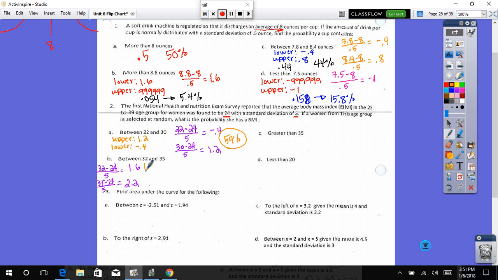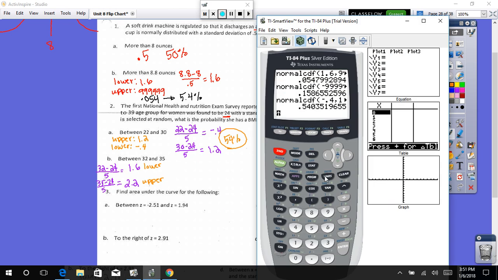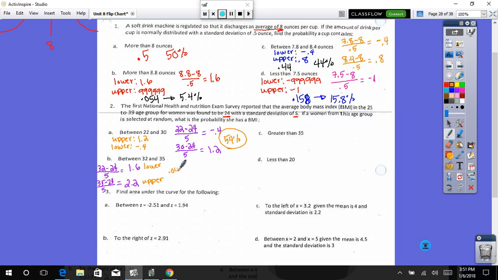So obviously 1.6 is my lower and 2.2 is my upper. Second vars, option 2, lower is 1.6, the upper is 2.2. Paste it and let's see the percentage. 0.0408, so 0.041, which is 4.1%.